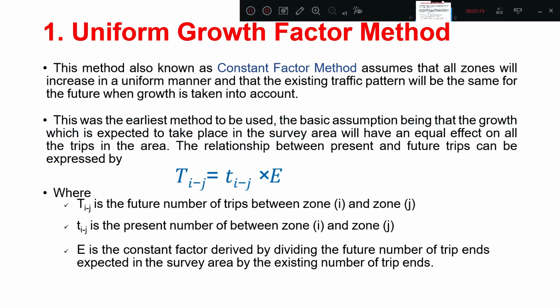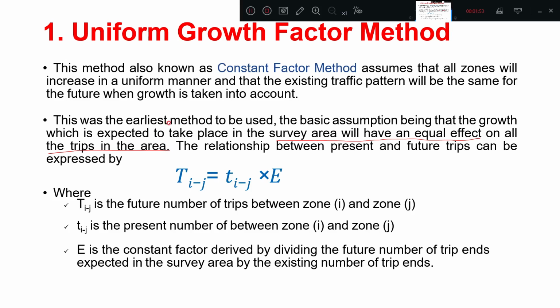So here we'll discuss the first one, that is the uniform or constant factor method. Constant growth factor or uniform growth factor method. The assumption made in the uniform growth factor method is that the growth of the zone remains constant, or the study area will have an equal effect on all the trips in the area.